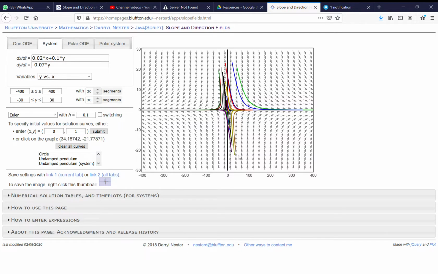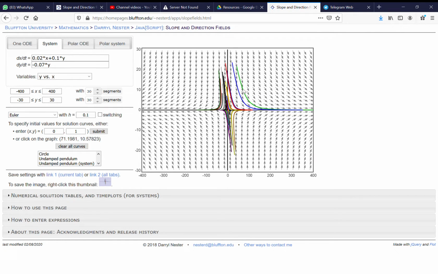Based on this graph, the original position is somewhere here.